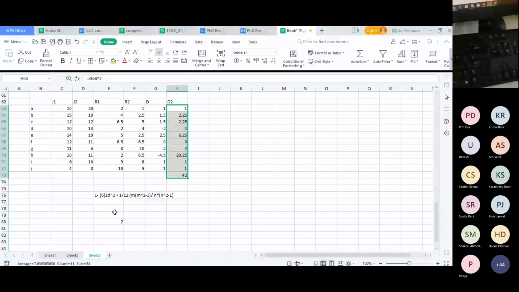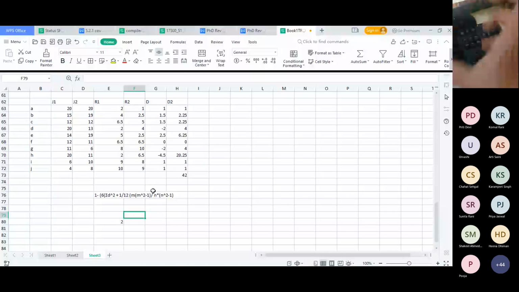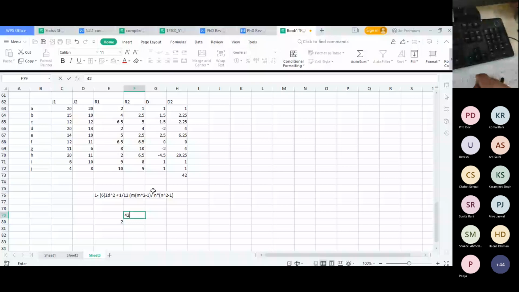So now you have to calculate 6 sigma. First, you have to calculate the bracket internally. So sigma d square is 42 plus the first correction factor, which is 2, then next is 0.5, next is again 0.5, and next is again 0.5.